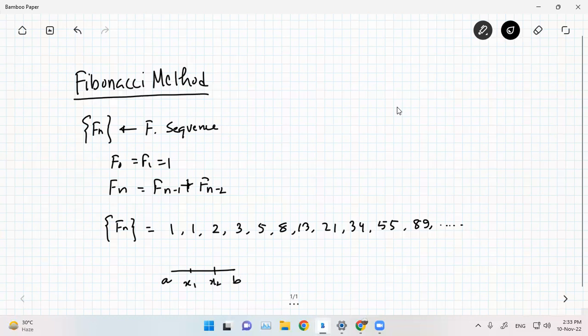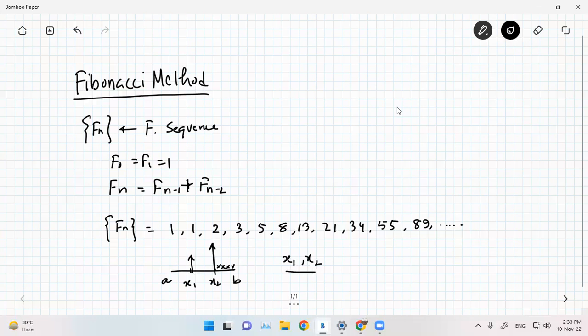Based on that, we figure out the function values at those two points, and whether it is a minimization problem or maximization problem. Based on that, we eliminate a certain part of the interval and reduce the interval. The method by which we are selecting this x1 and x2 is different in each method.